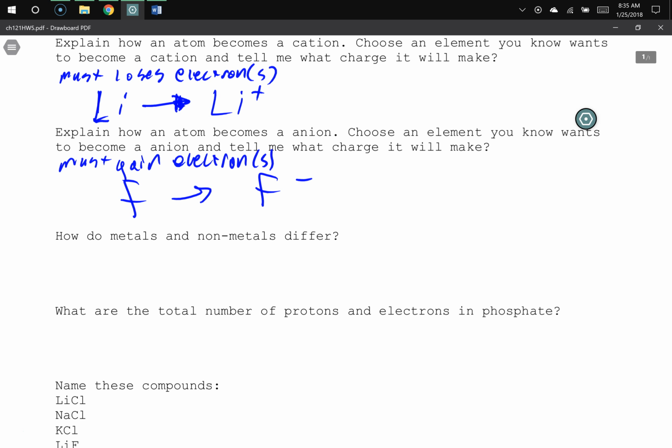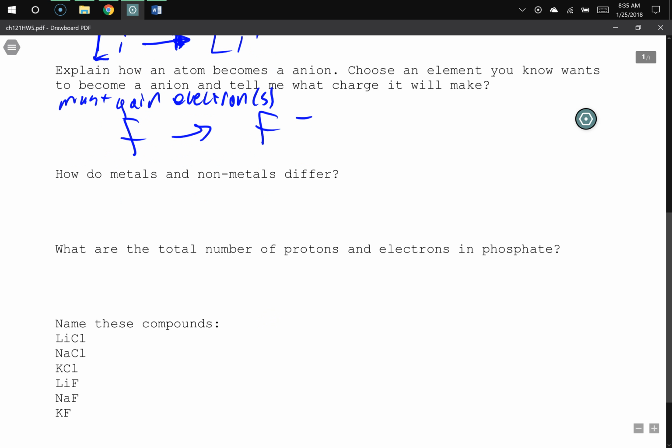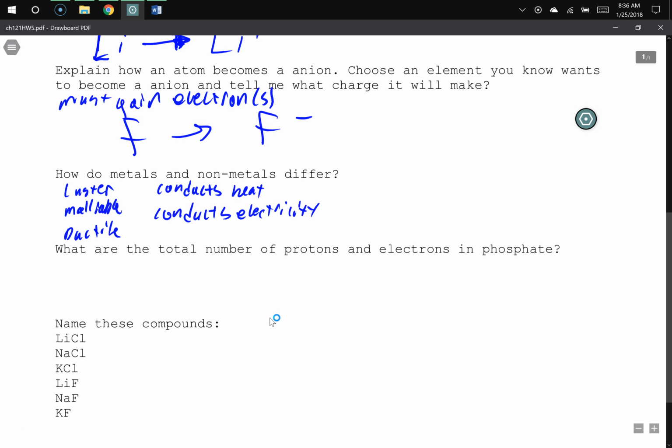Metals and nonmetals differing. So we've got luster, malleable, ductile, conducts heat, conducts electricity, mostly solids.